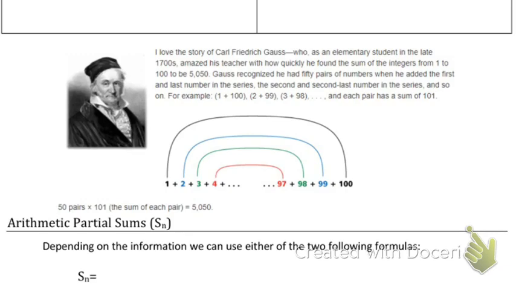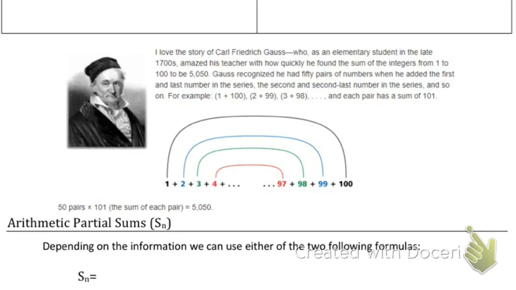But he came up with all of that, which creates a very quick way to do arithmetic partial sums, because this is a partial arithmetic sum. This is 1 plus 2 plus 3 plus 4 plus 5, where our common difference is just 1. If our common difference was 2, it would be 1, 3, 5, and we could use the exact same process.